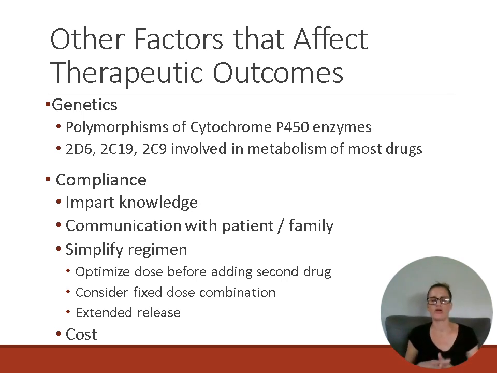Because of our genetics, there are differences in the way that we make the CYP enzymes. CYP is for cytochrome P450. So the CYP enzymes, or cytochrome P450 enzymes, are a huge family of enzymes that are responsible for metabolizing most medications.